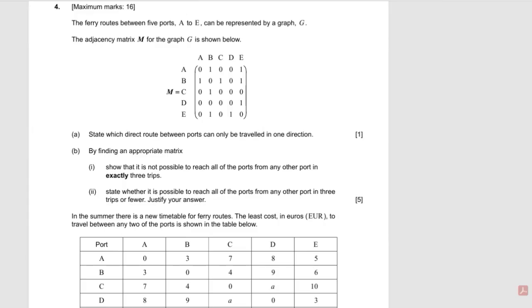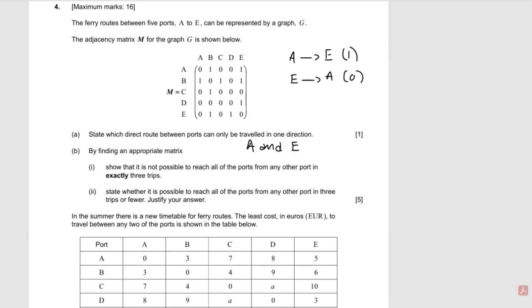No connection between C and D. A to E is 1, and E to A is 0. So A to E is a route, but E to A is a 0. So the answer is A and E.